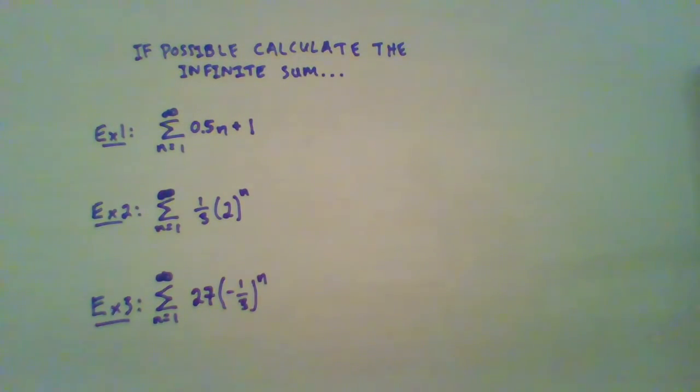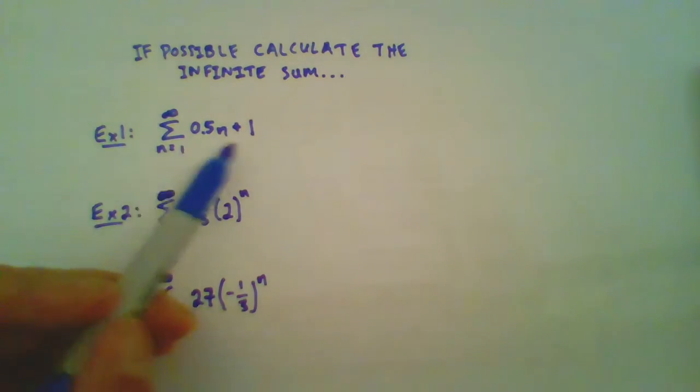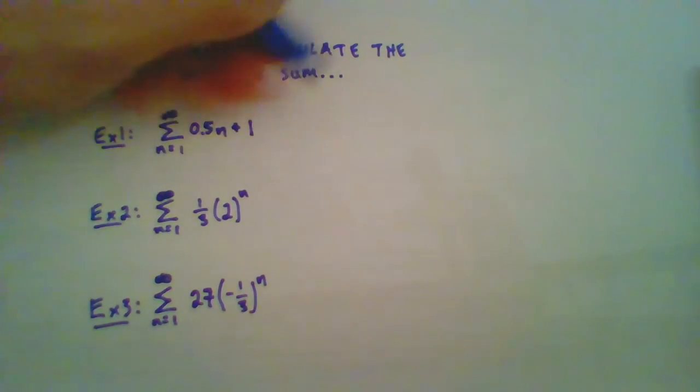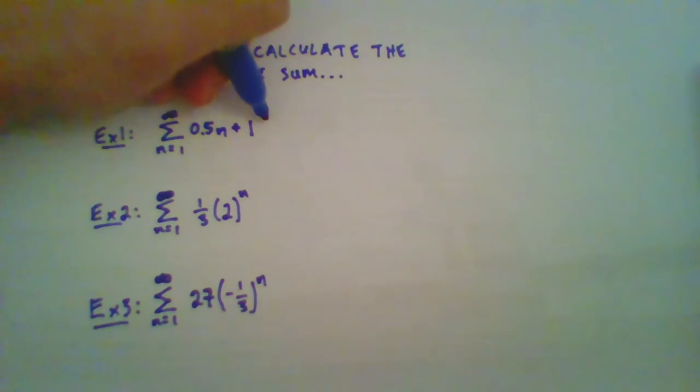We have 3 examples here where you might try to use the infinite sum formula that we just discussed. So I encourage you to pause the video and take a minute and try to solve these on your own before I explain them. Okay, if we take a look at the first one, I'm just going to write out a few terms.